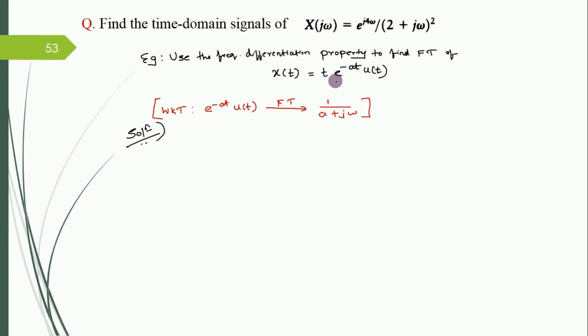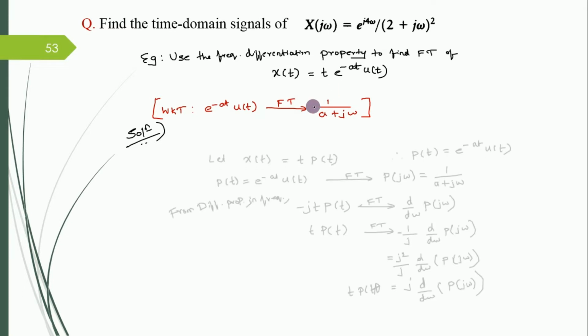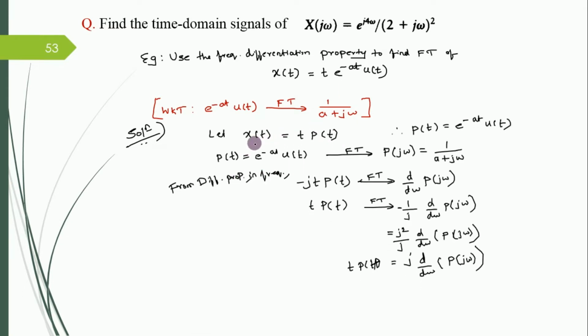We had solved one problem in the previous session of lecture 32 while explaining the differentiation property, where the question was x of t equal to t into e raised to minus at u of t. You know that the FT of e raised to minus at u of t is 1 by a plus j omega. So when I put this t, what was the change we observed? We could solve the problem in this fashion. x of t is equal to t into p of t. We called it p of t, and p of t is nothing but e raised to minus at u of t.